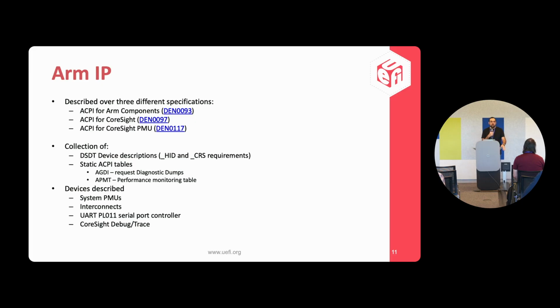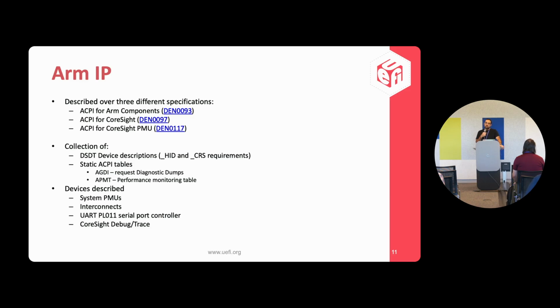You'll also find a number of ACPI specifications that are now describing some IP-specific components from ARM. So everything I talked about so far are generic architected ACPI specifications. So whether you buy an IP from ARM or not, if you are compliant to the ARM system architecture, you will need those ACPI tables. These other specifications focus more on ARM-specific IP.